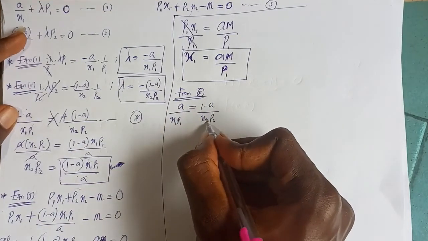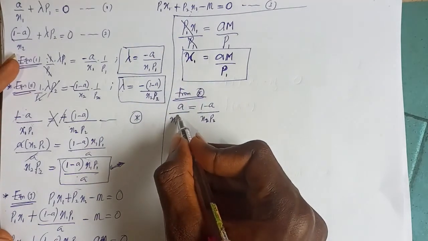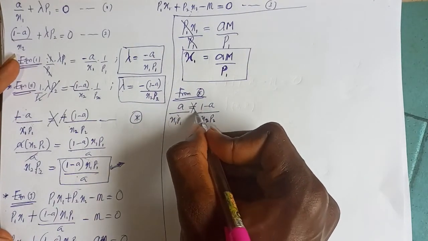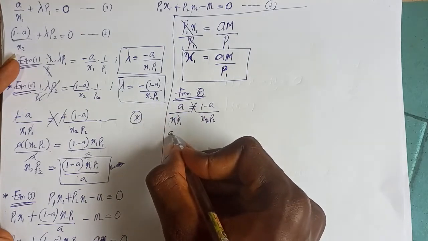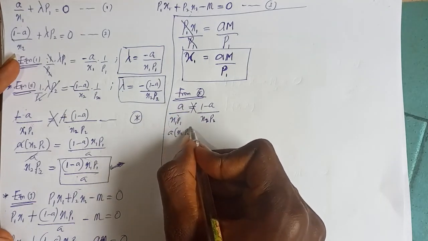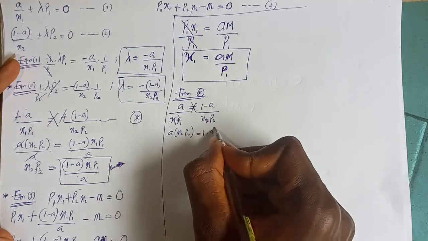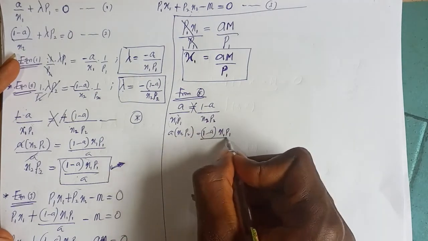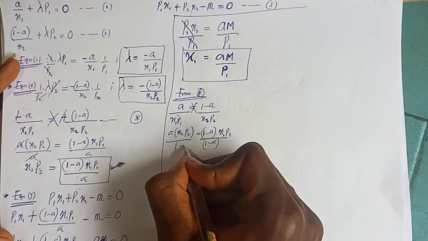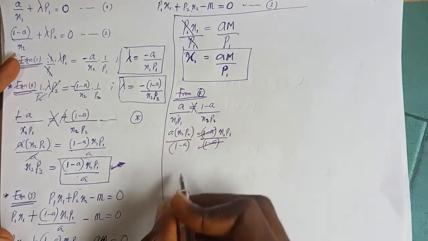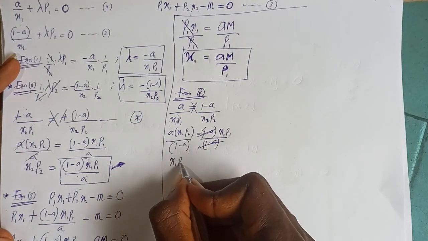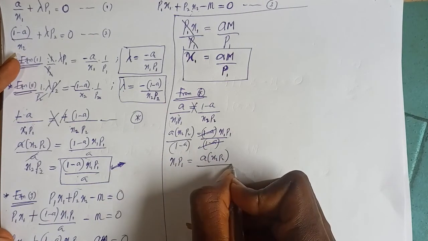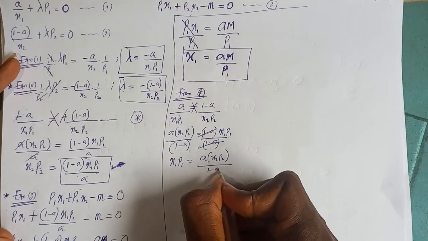So all I'll just have to do, for me to get x2, I have to make x1 in terms of x2. So let's make x1 p1 the subject of the formula by cross multiplying. When I cross multiply, I have a of x2 p2 equals 1 minus a of x1 p1. So I'm looking for x1 p1, I'll divide both sides by 1 minus a. So this will cancel this. Hence, x1 p1 is equal to a open bracket x2 p2 over 1 minus a, right?